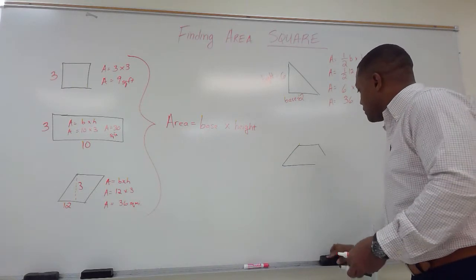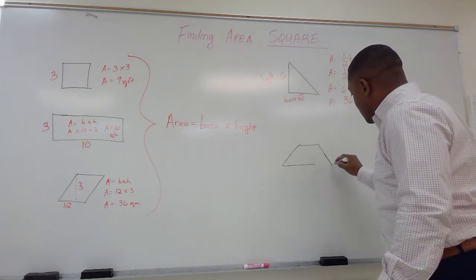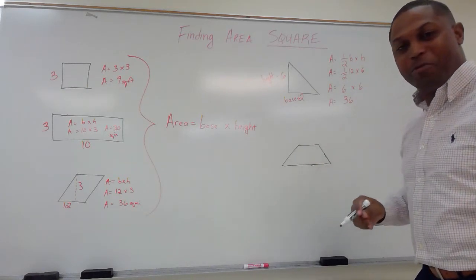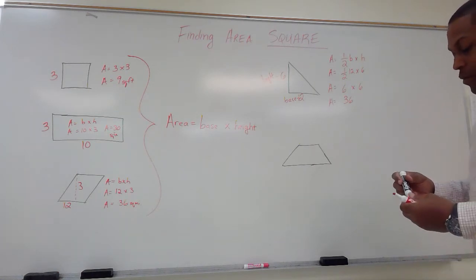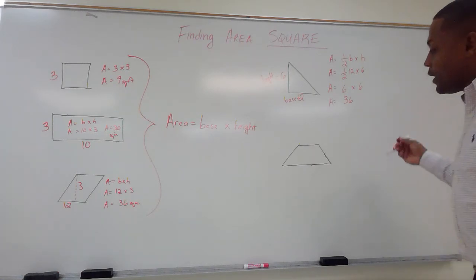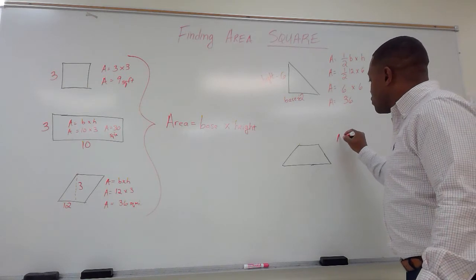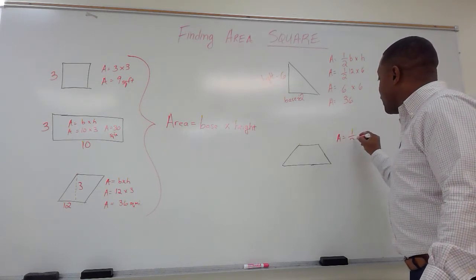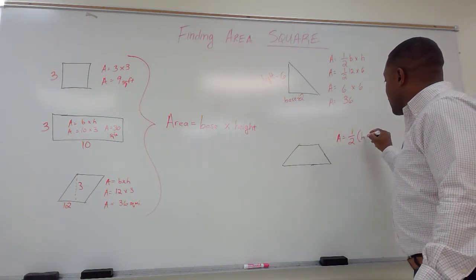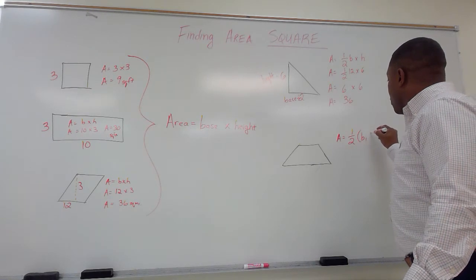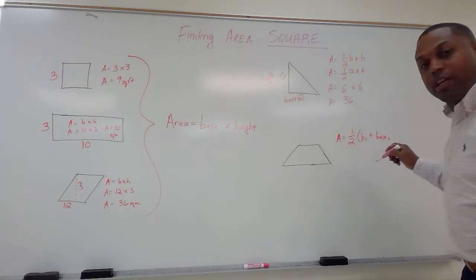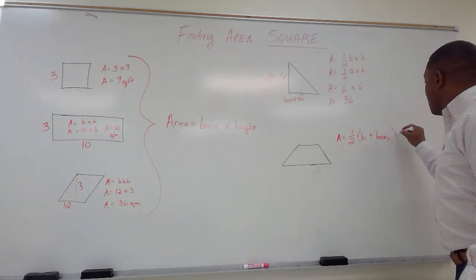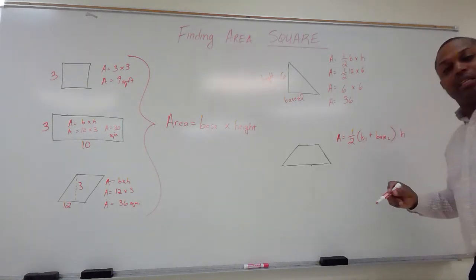All right, so the formula for finding the area of a trapezoid is area equals 1/2 base 1 plus base 2 times the height. I'll write that out so we can be clear what B stands for.